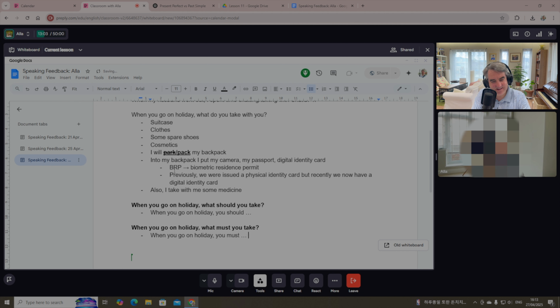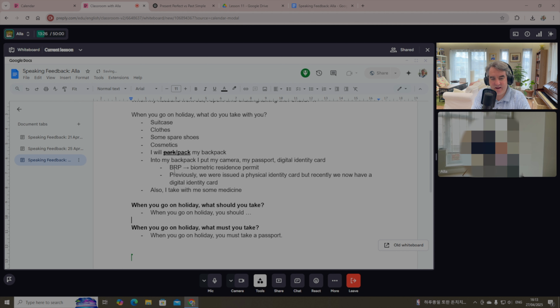So it's slightly different. Do you know the difference between should and must? Must is 100%, I think. Yeah, but what must you take if you go on holiday? Must take a passport. Okay, so you must take a passport.